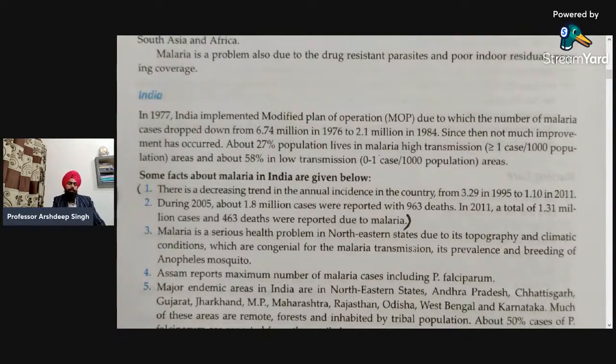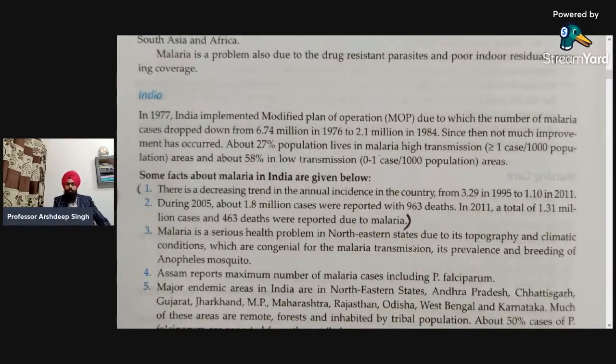Let me tell you that in 1953, the Indian government launched a national program related to malaria, and in 1958, it was renamed the National Malaria Eradication Program. After that, the Urban Malaria Scheme and lots of other programs related to malaria were implemented by the Indian government.